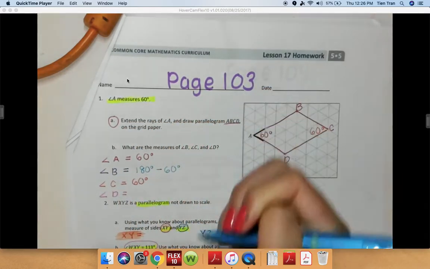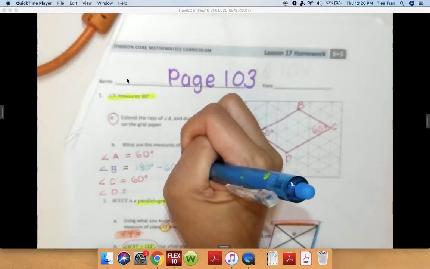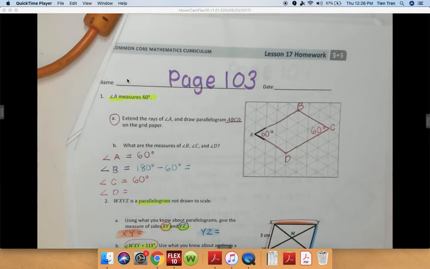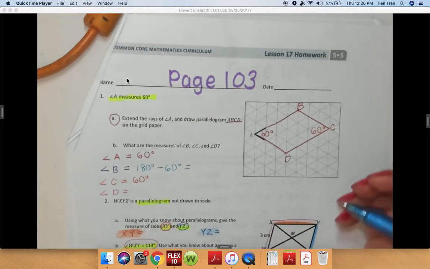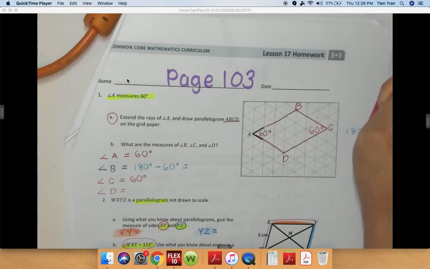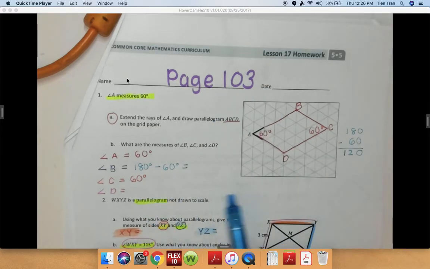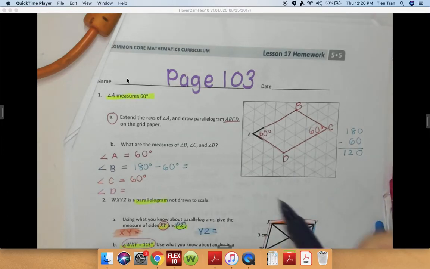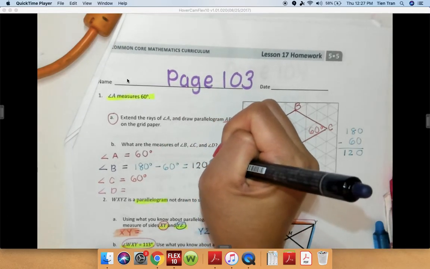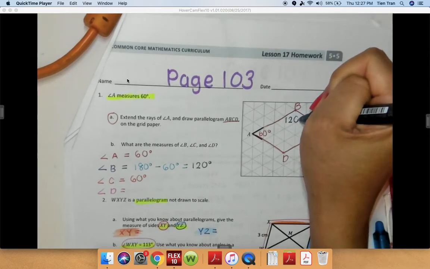So 180 degrees minus 60 degrees. What is that going to give you? Okay, so I would subtract on the side so you guys can see. 0 minus 0 is 0. 8 minus 6 is equal to 2, and bring down my 1. So now I know that angle B is equal to 120 degrees. And that's what I'm going to write right here.